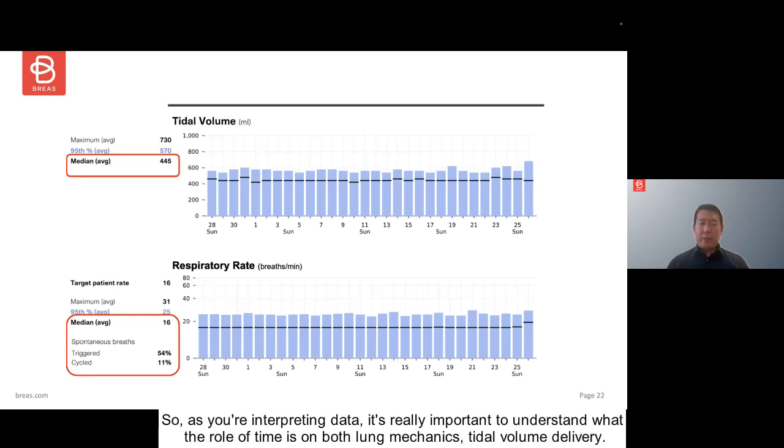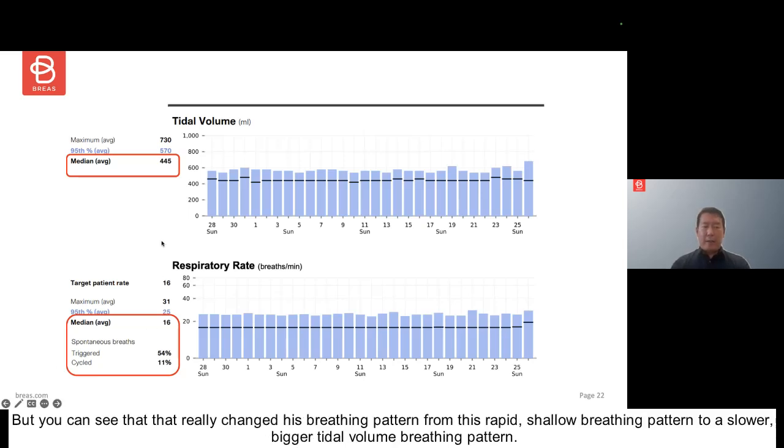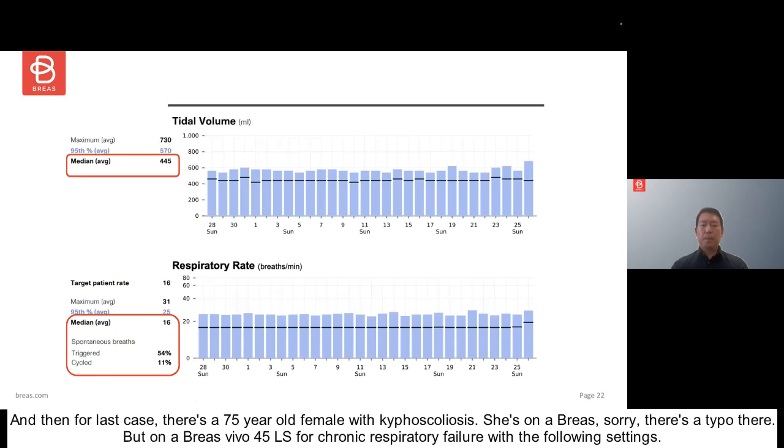So as you're interpreting data, it's really important to understand what the role of inspiratory time is on both lung mechanics and tidal volume delivery, but you can see that that really changed his breathing pattern from this rapid shallow breathing pattern to a slower, bigger tidal volume breathing pattern.